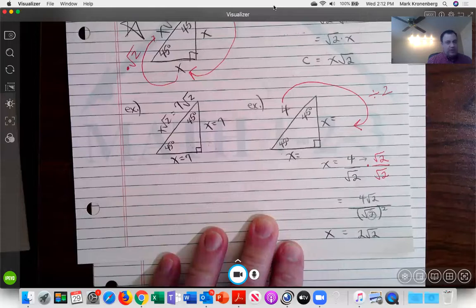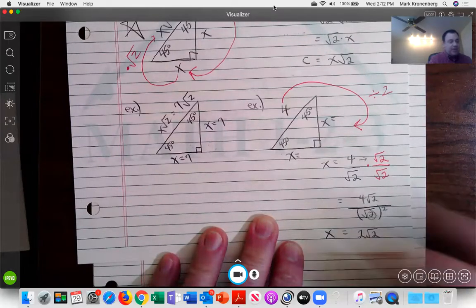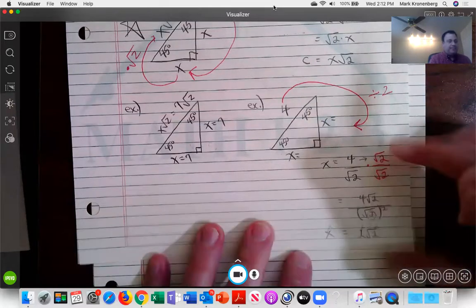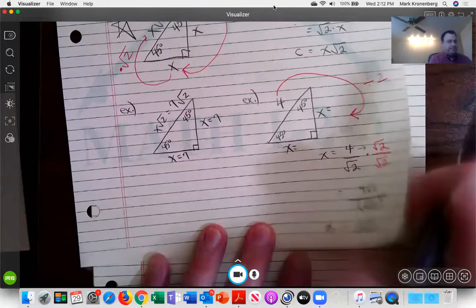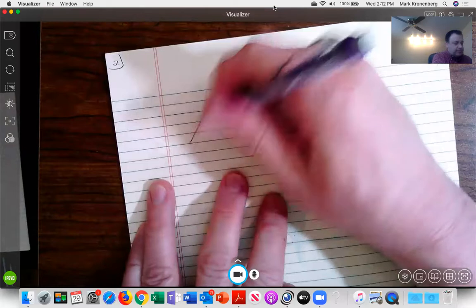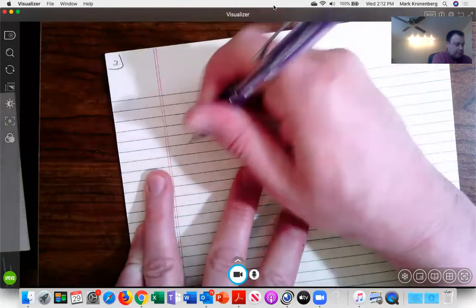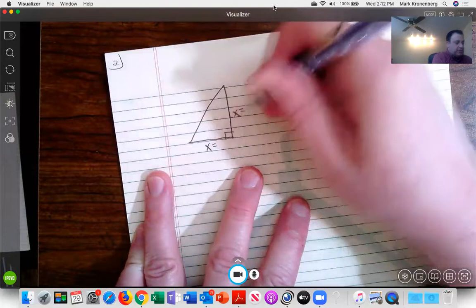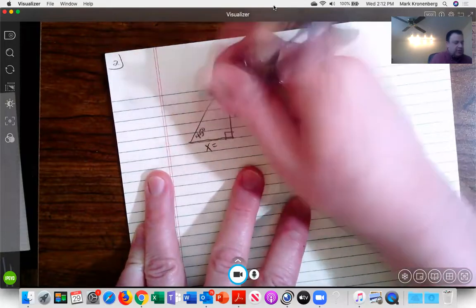Now, an important triangle that's going to be used in the unit circle is, instead of this hypotenuse being 4, what if this hypotenuse is 1? Let's try that. So again, if we have a 45, 45, 90 triangle, let's say this is 1.